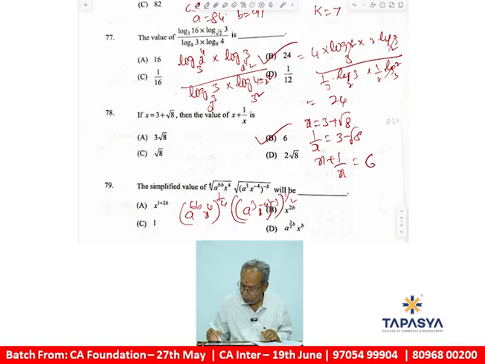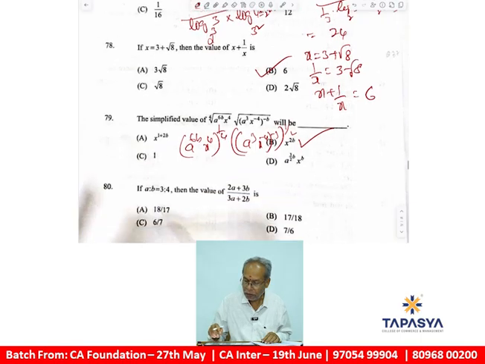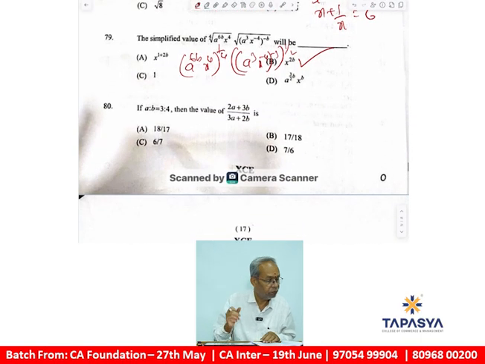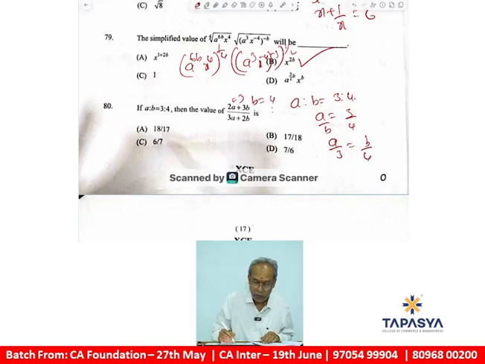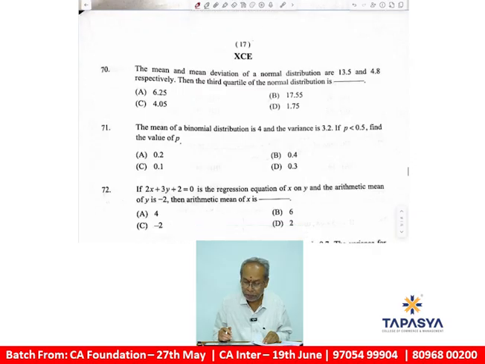Simplifying, you will get the value as x to the power of 2b. Here a is to b is equal to 3 is to 4. So put a by b equal to 3 by 4. Put a by 3 equal to b by 4. Substitute a equal to 3 and b equal to 4. Simplifying, you will get 18 by 17. So the answer is A.